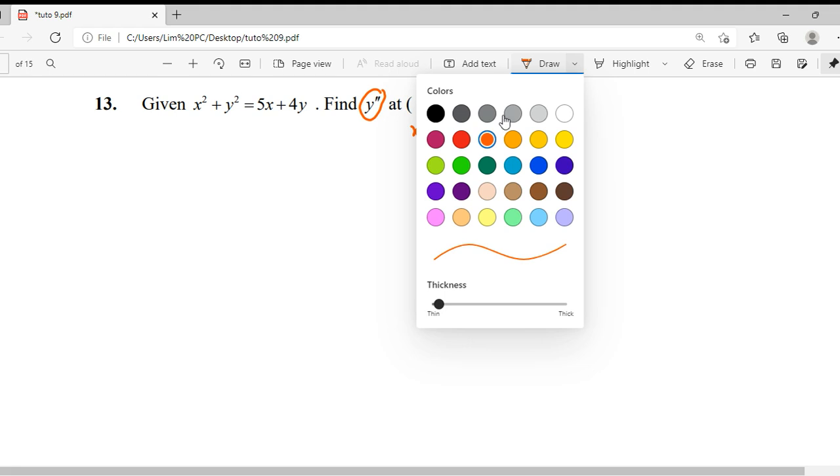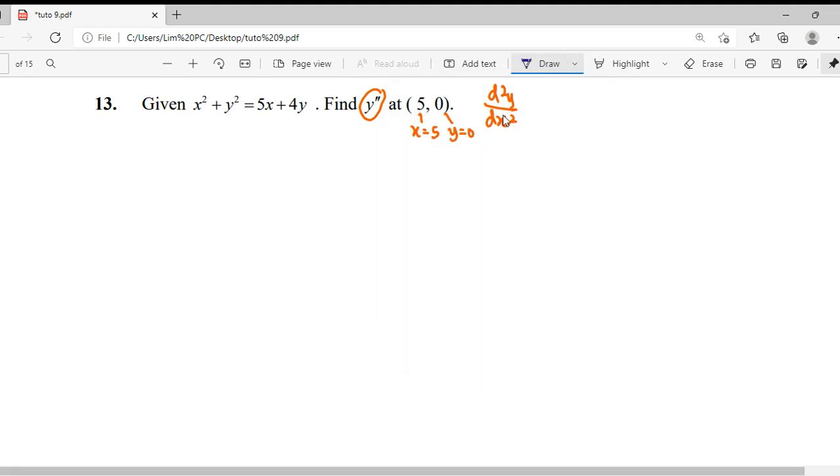So this question is testing us on implicit differentiation. So we start our implicit differentiation. This is our first term, x squared. Second term is y squared. Remember, if the operation is plus or minus, it will be differentiated separately, independently, one by one.